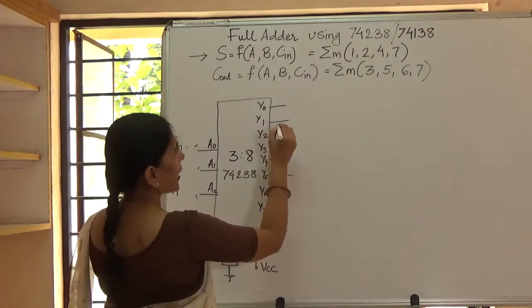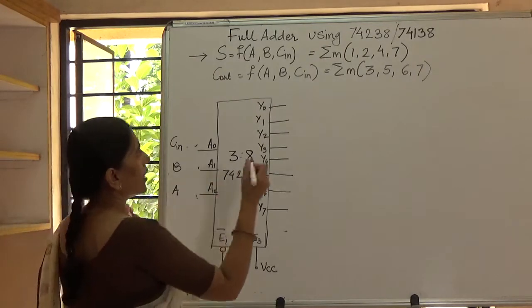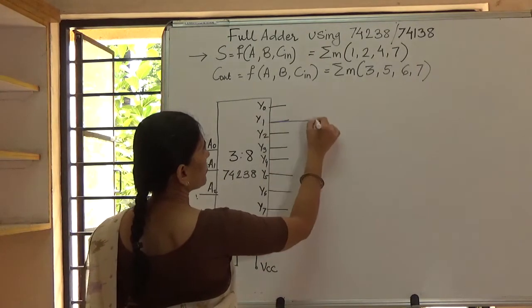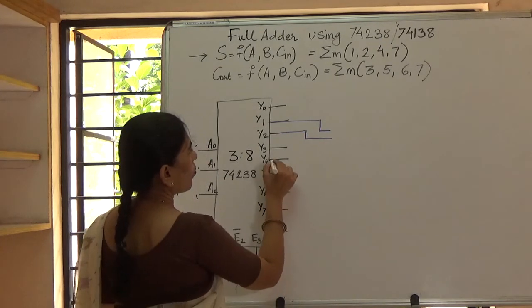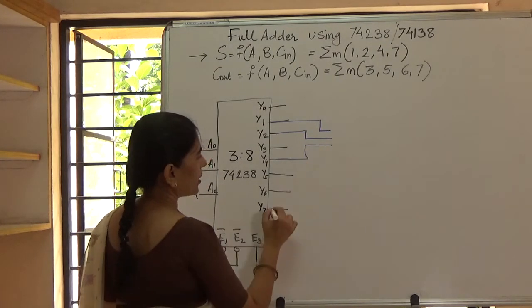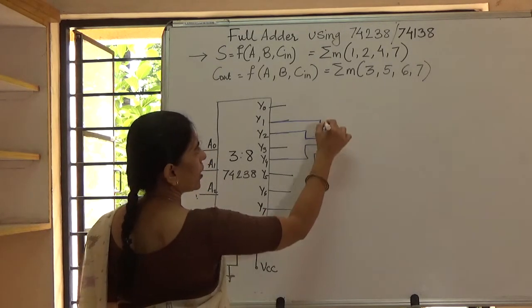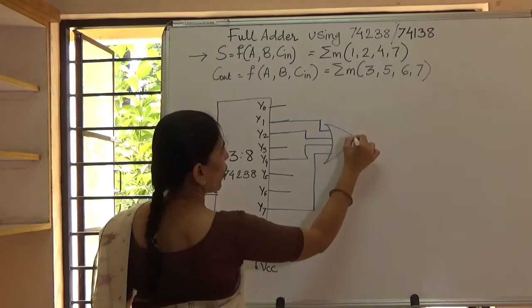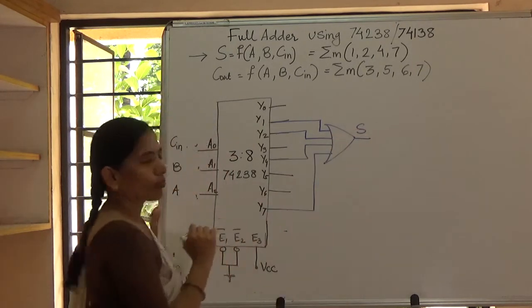So we pick up these output lines of the decoder, that is Y1, then Y2, Y4 and Y7, and we connect them to the inputs of an OR gate, and the output of this OR gate will indicate the sum output.